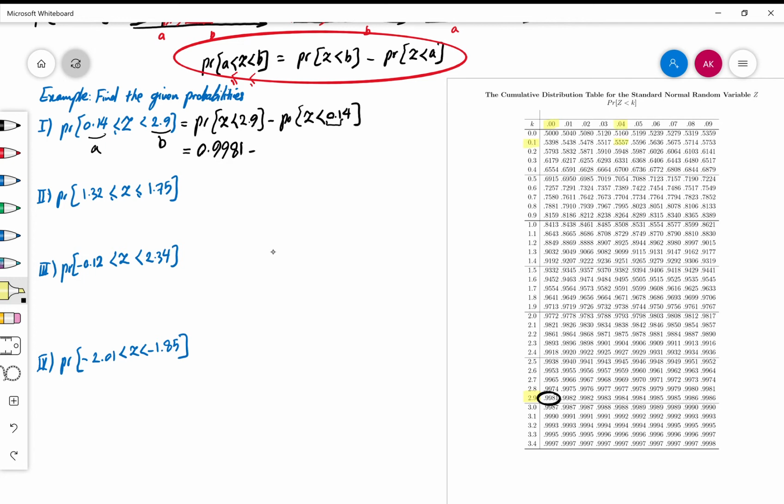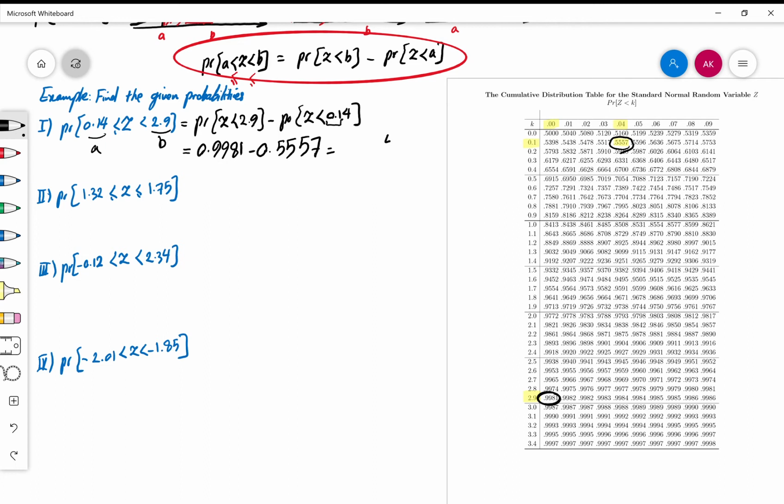Again, this value is easy to see, it is there, and that gives me 0.5557. Okay, let's just subtract this.